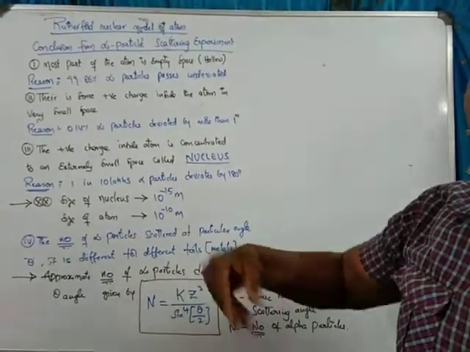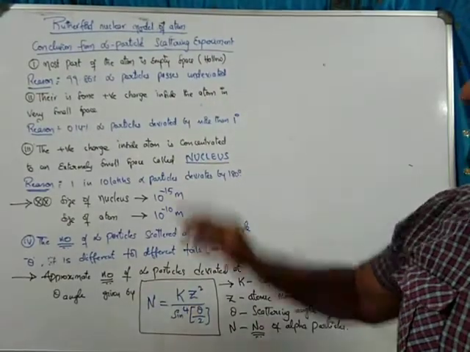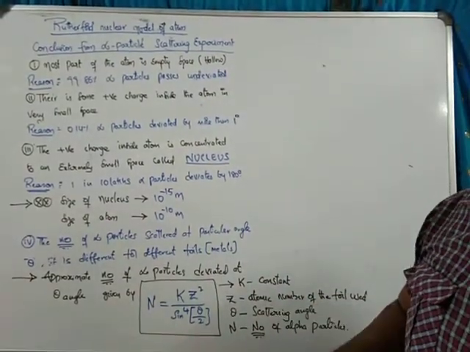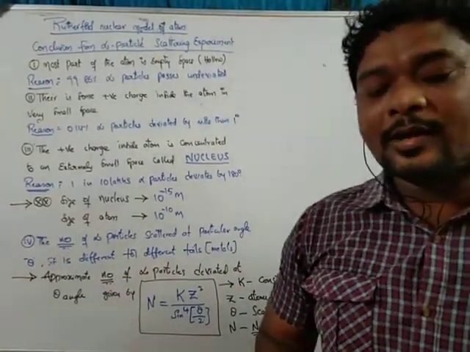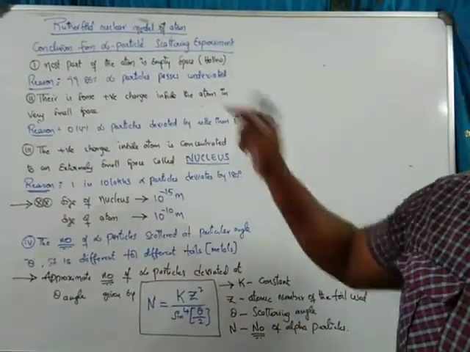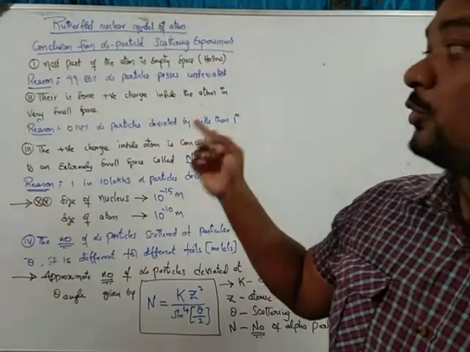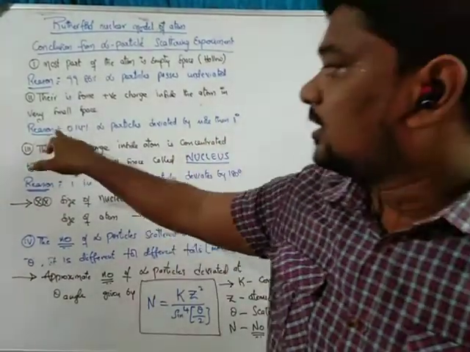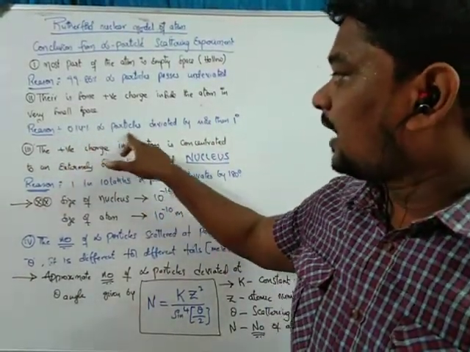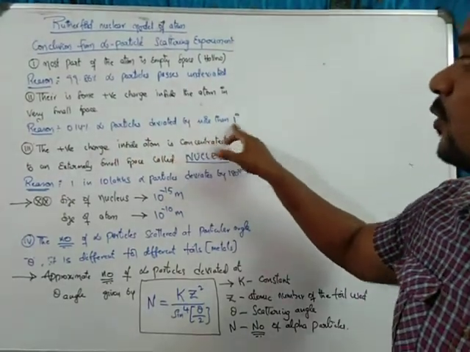So in the mostly empty atom, we have some positive charge. Due to those positive charges, since an alpha particle is positive, like charges will be repelled. So due to those repulsions, 0.14% of alpha particles deviated by more than 1 degree.